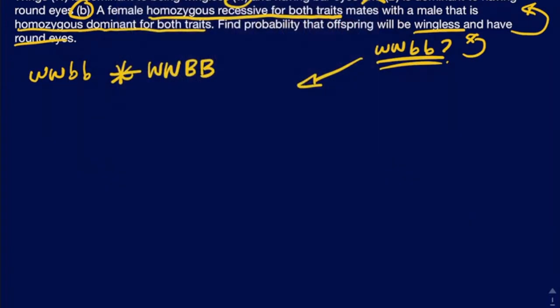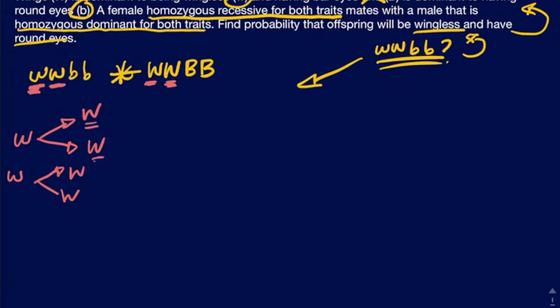Let's think about this one gene at a time. So let's start with if the mom were to give a small copy of her W gene, and we think, what can the dad give? The dad can give a big copy or a big copy. He's homozygous dominant for both traits. If the mom were to give her other small copy of the W gene, again, the dad can either give a big copy or a big copy.